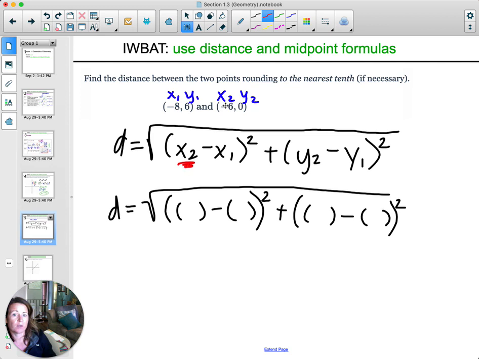So in this first one, we're going to pick the x coordinate of the second point minus the x coordinate of the first point. Then we're going to do the y coordinate of the second point minus the y coordinate of the first point.